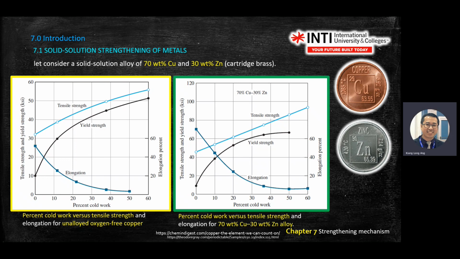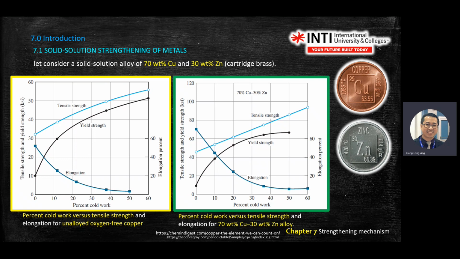I get my elongation about here, so it's maybe 18%. So you go here, you also do 20% cold work. You go up, then you move to the right here, and it will be about 25%, maybe. So you see, if you go from original copper on the left to the right-hand side, when you add in 30% zinc, the elongation increases a little bit, because you already changed the behavior.